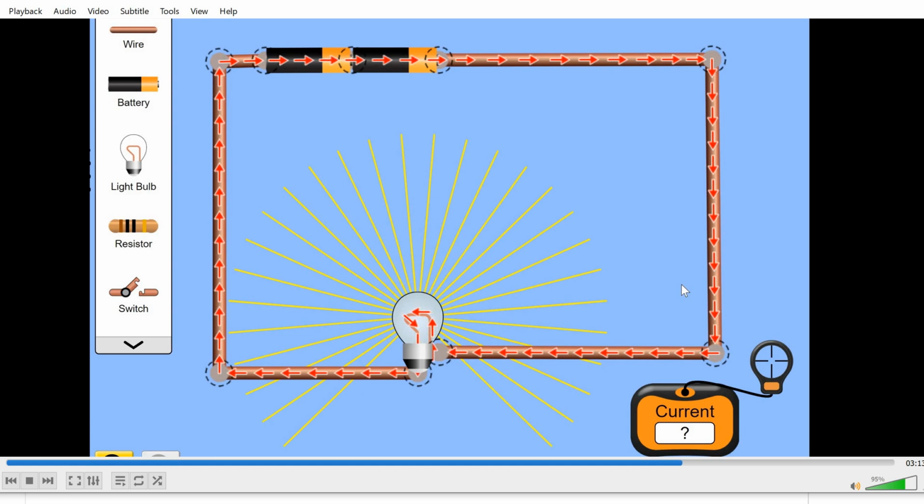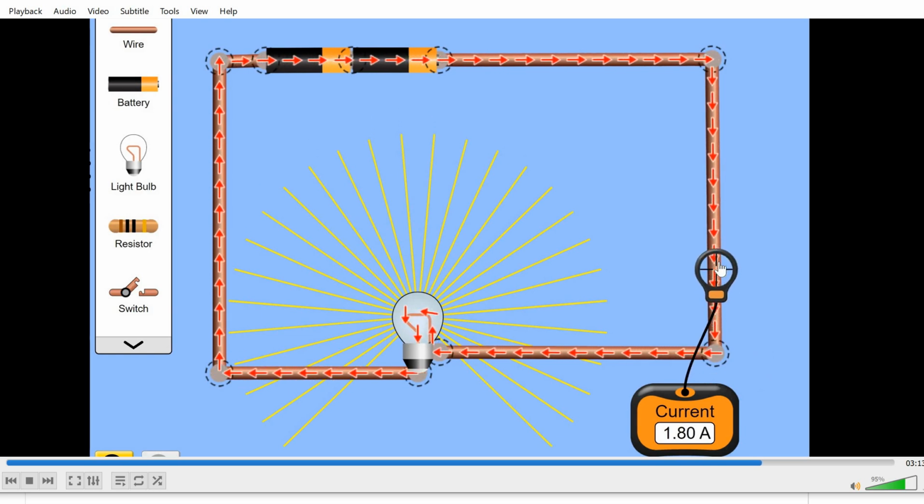The flow of electrons is greater, and that is because the batteries provide an electrical push. It's called potential difference or voltage, or PD. Now, when we put the ammeter into the circuit, we see that the current has increased to 1.80 amps.